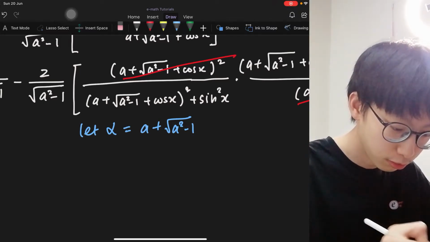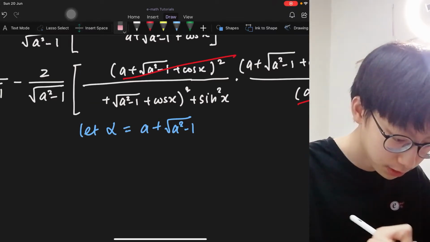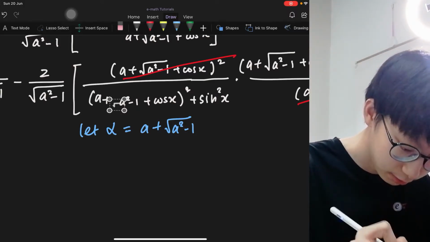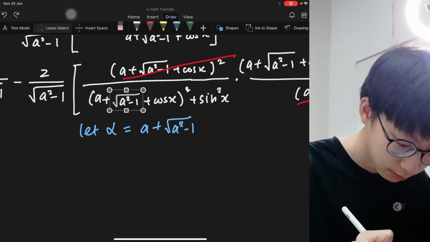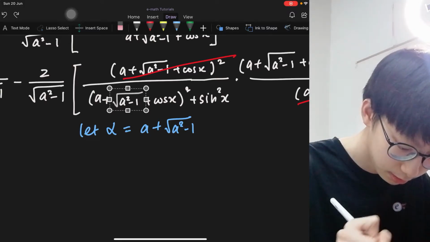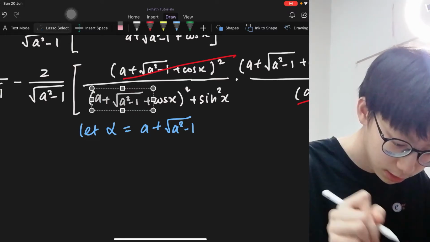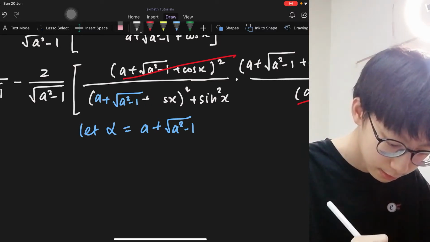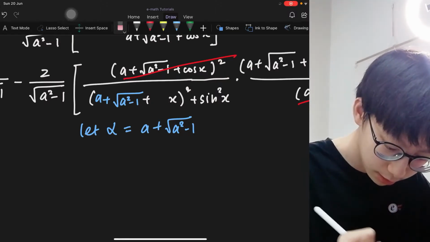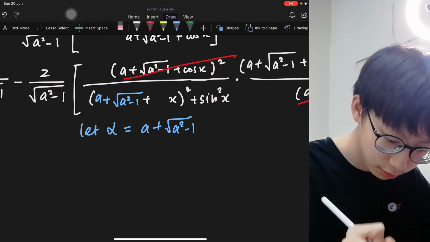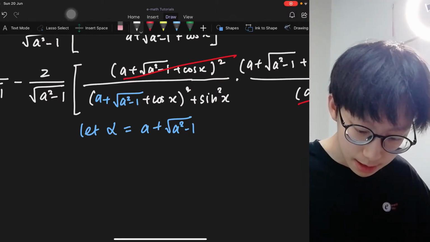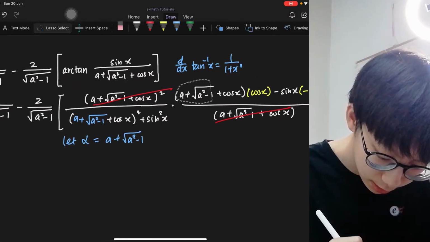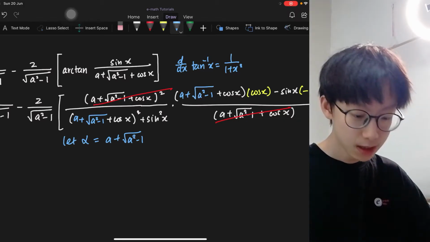So as you can see, this part here is a plus square root, and this part here is just our alpha, right? And this is, what was it? Plus cos x. And as you can see, we have another alpha here. Okay, this is also an alpha.